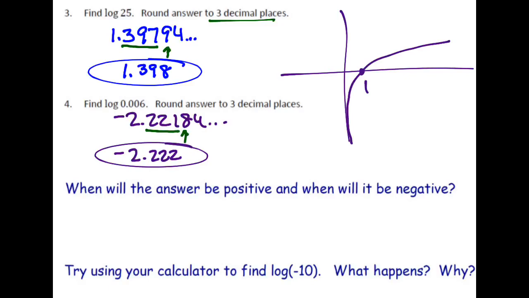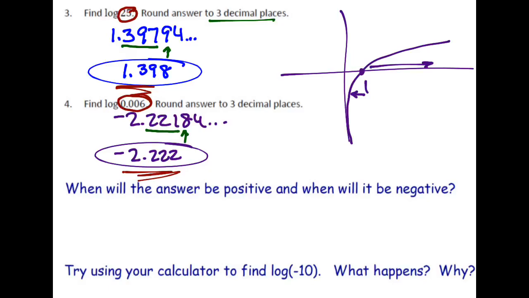So anything less than 1 is going to have a negative number, and anything greater than 1 is going to have a positive number. So you're looking at this number right here. If that's bigger than 1, this is going to be positive. If that's less than 1, it's going to be negative.